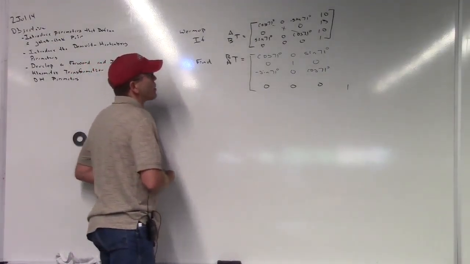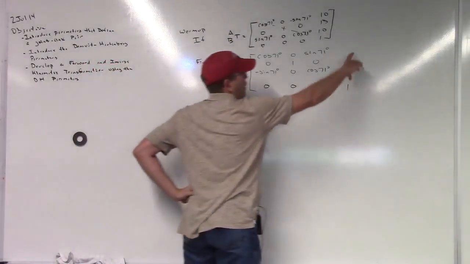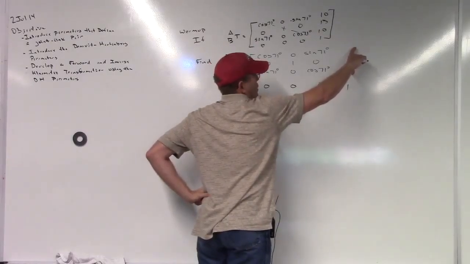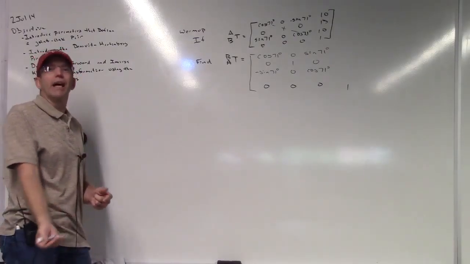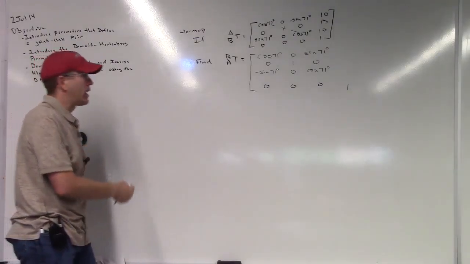Very good. So when we're calculating our new position vector, the position vector from B back to A, we first have to unrotate the frame and then move in the relative direction.